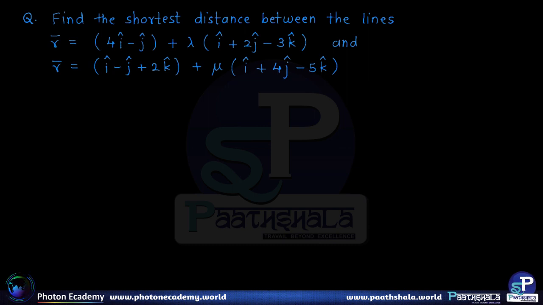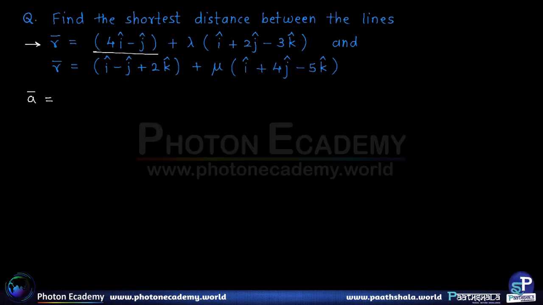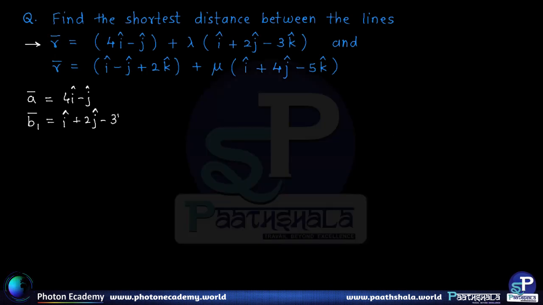Find the shortest distance between the lines. We are given the equations of two lines. Right? So here the first line has the given point a bar, which is nothing but 4i minus j. Then b1 bar is the vector to which the first line is parallel, so that turns out to be i cap plus 2j cap minus 3k cap.